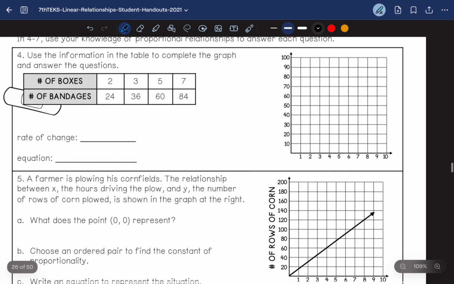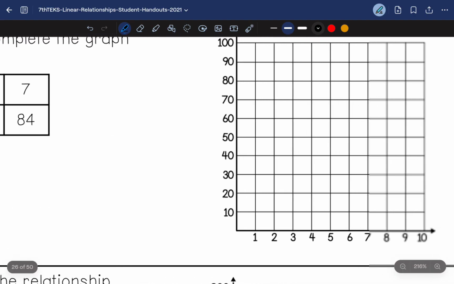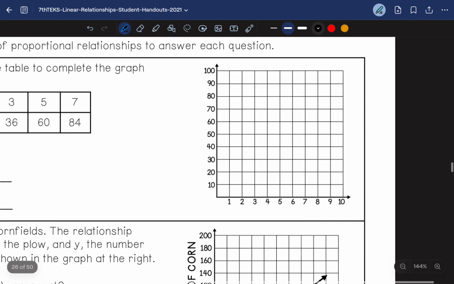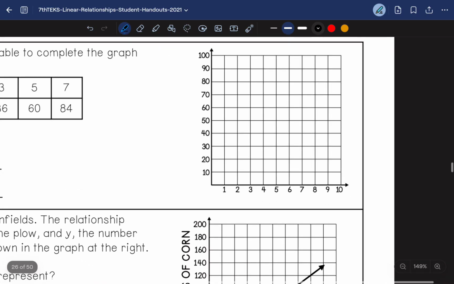Number 4, it says to use the information in the table to complete the graph and answer the questions. So looking at our table here, number of boxes is our x values and number of bandages is our y values. So I need to label my graph first, with our x values being number of boxes.